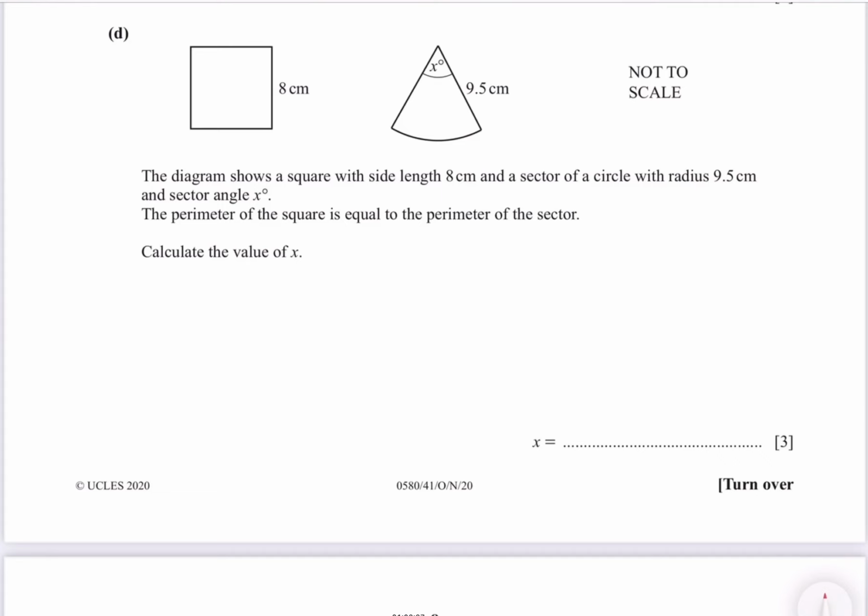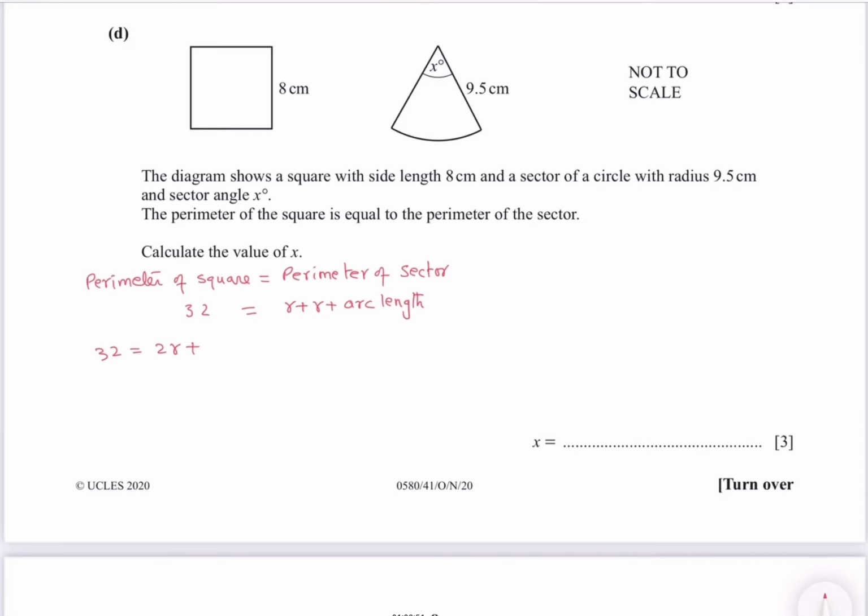Part D, the diagram shows a square with the side length 8 cm and a sector of a circle with radius 9.5 cm and the sector angle x. Perimeter of the square is equal to the perimeter of the sector. Calculate the value of x. So perimeter of square is 8 times 4, 32, and the perimeter of sector is 2r plus arc length.